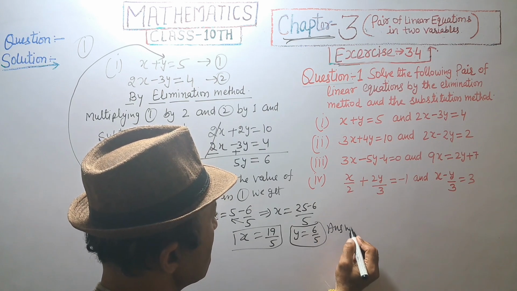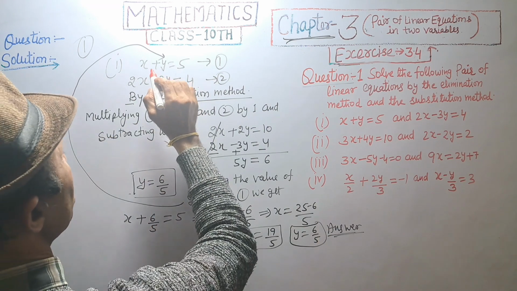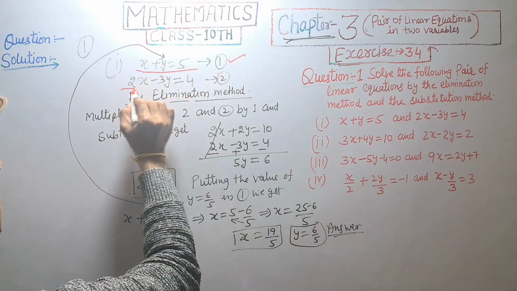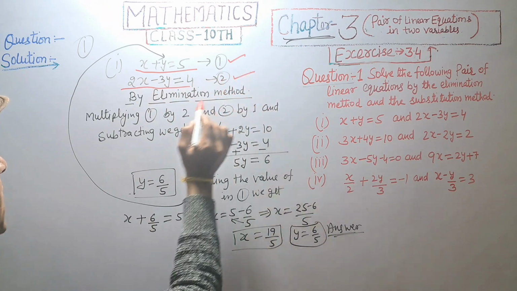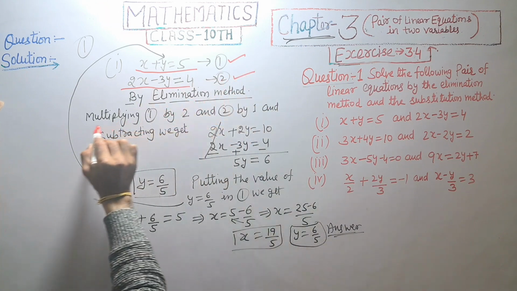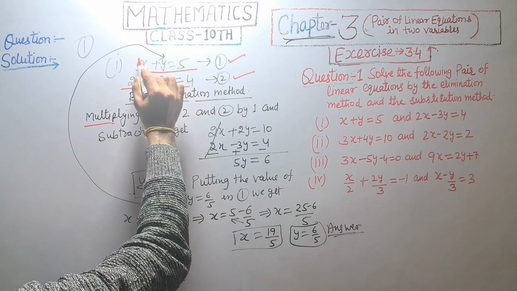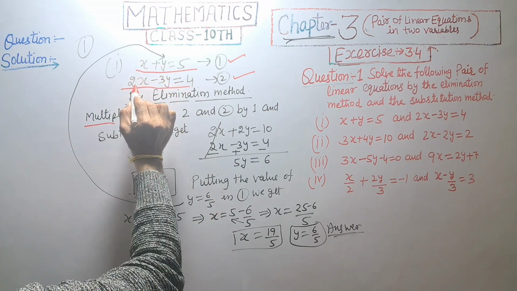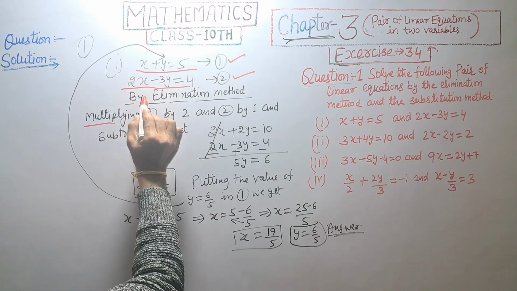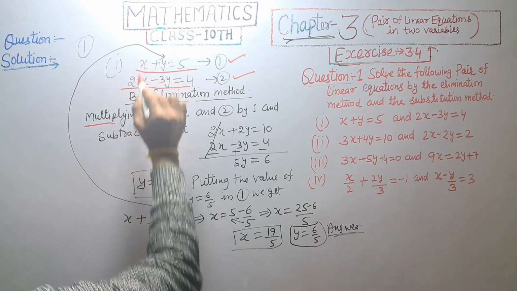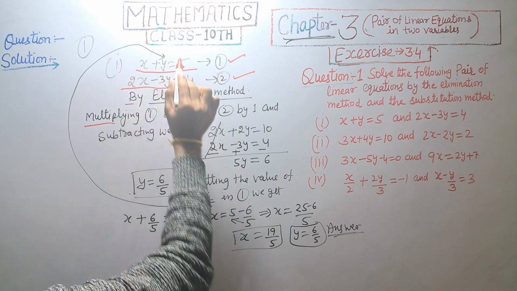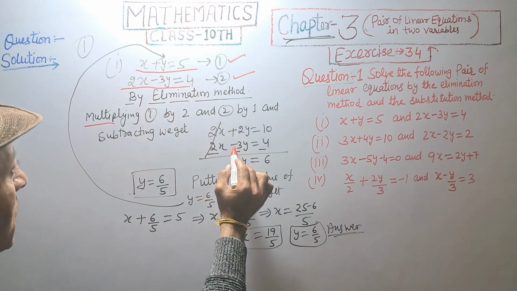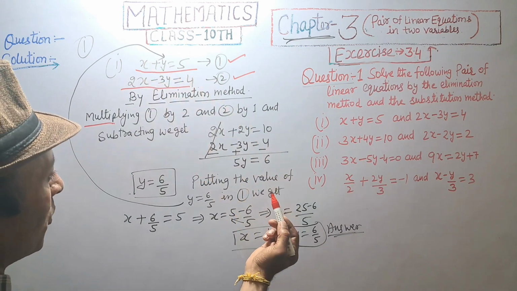Answer. x plus y equal to 5, equation first. 2x minus 3y equal to 4, equation second. By elimination method, multiplying equation first by 2 and second by 1. First by 2, 2 into x, 2x, 2 into y, 2y, 2 into 5, 10, and 1 into 2, 2x, 1 into 3, 3y, 1 into 4, that will be 4.